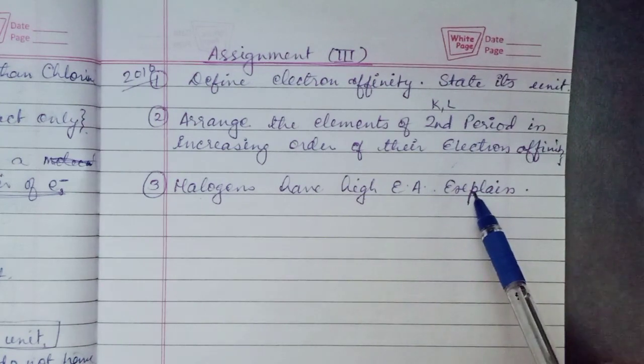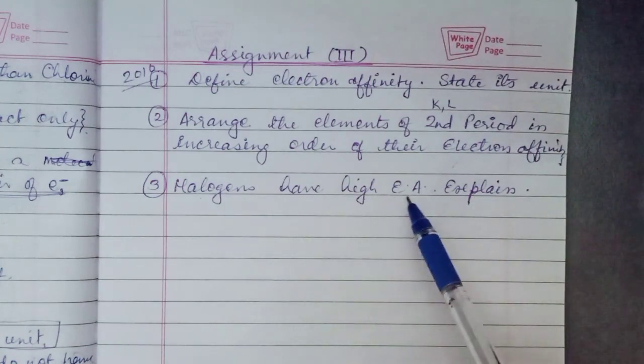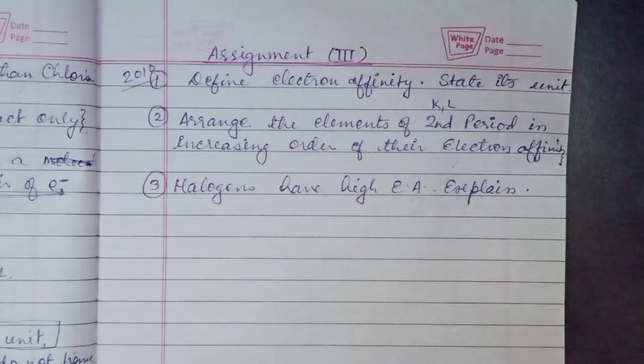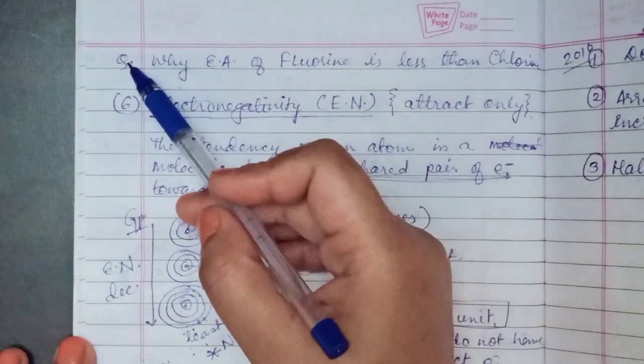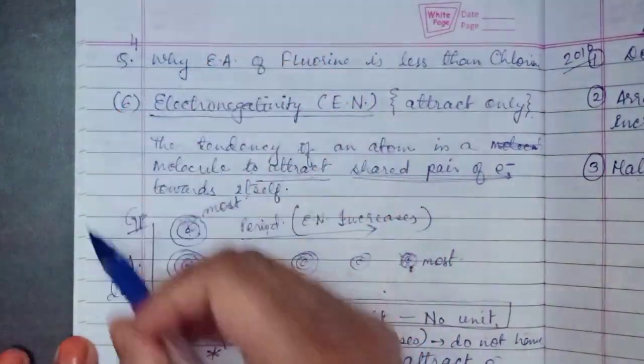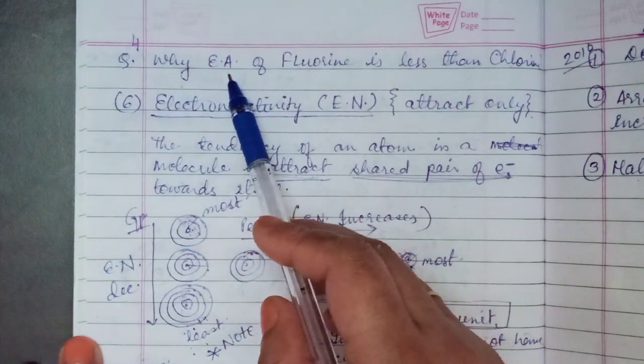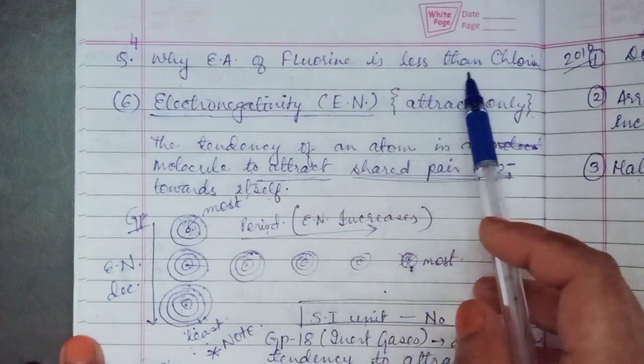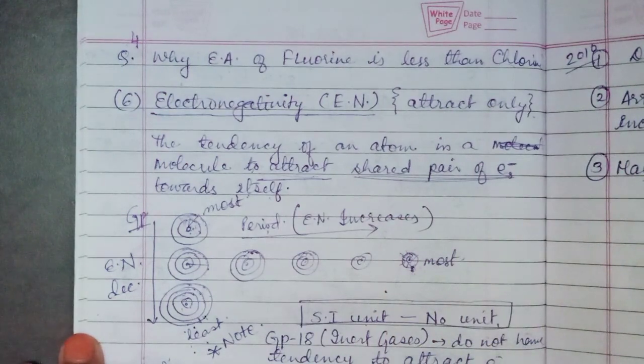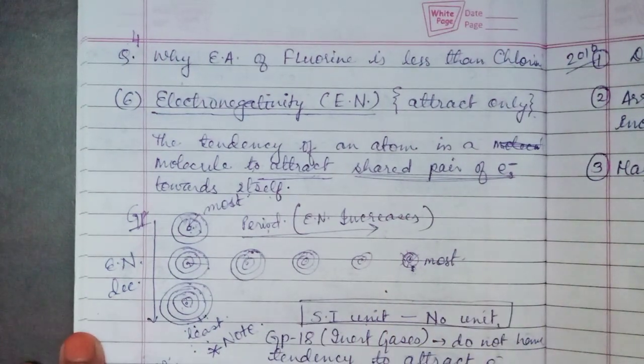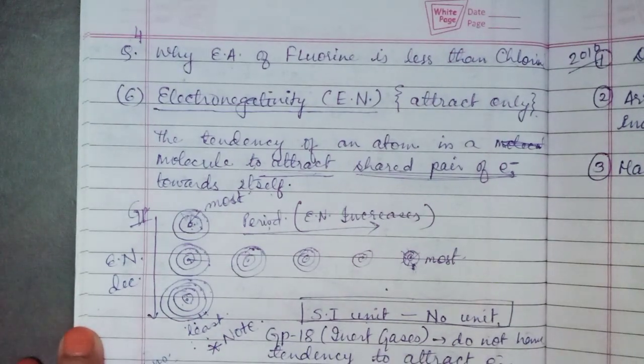You have to explain why they have high electron affinity. And one more question I have given earlier in this video. Fourth question is here: why is electron affinity of fluorine less than chlorine? So these 4 questions are for your assignment. You can ask your doubts if you have, or solve these questions. Okay, you have to do this only. We will continue with the next topic.